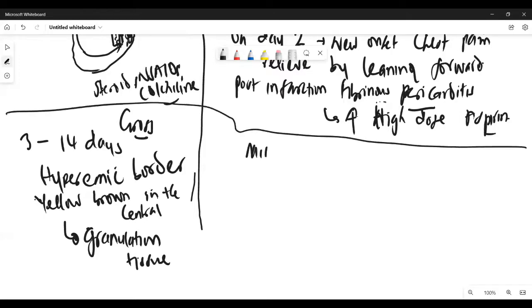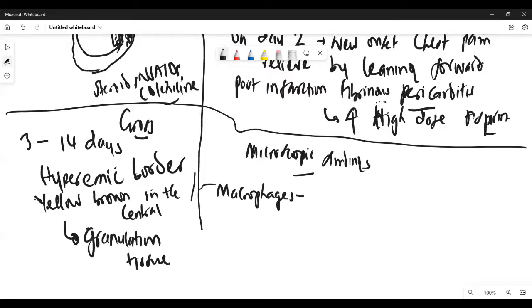With the microscopic finding, one thing that is important by day 3 that we normally mention is that neutrophils have caused this inflammation. Now it is time for macrophages to move in.